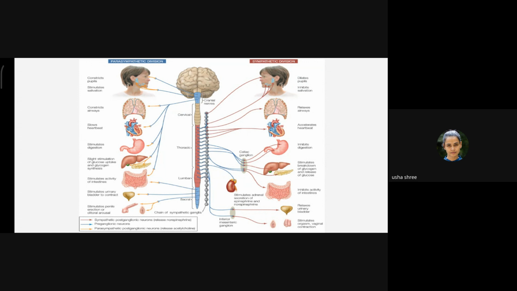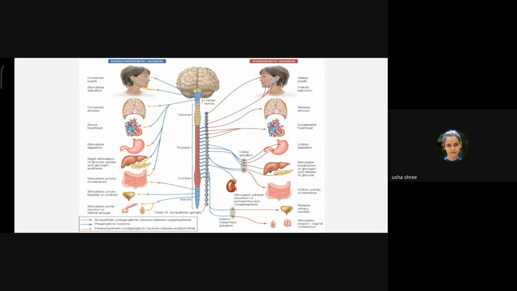And it stimulates breakdown of glycogen and release of glucose. Yes, we need more glucose in a stressful situation. So it stimulates breakdown of glycogen stored in the liver, which is converted to glucose, and inhibits the activity of the intestine. Obviously, we have just discussed that during sympathetic activation the digestive system inhibits.